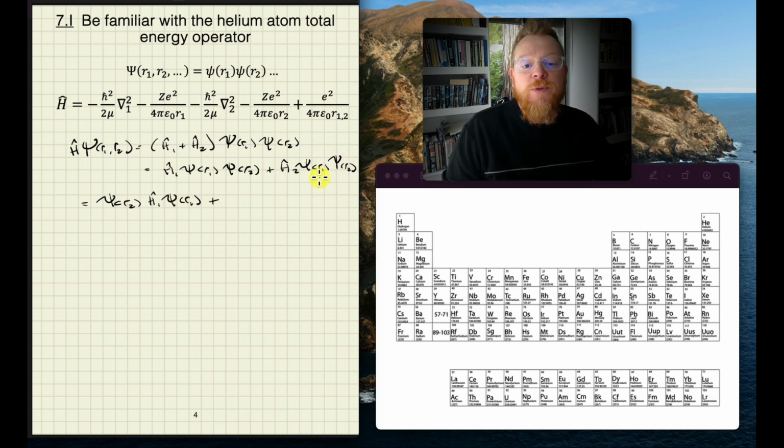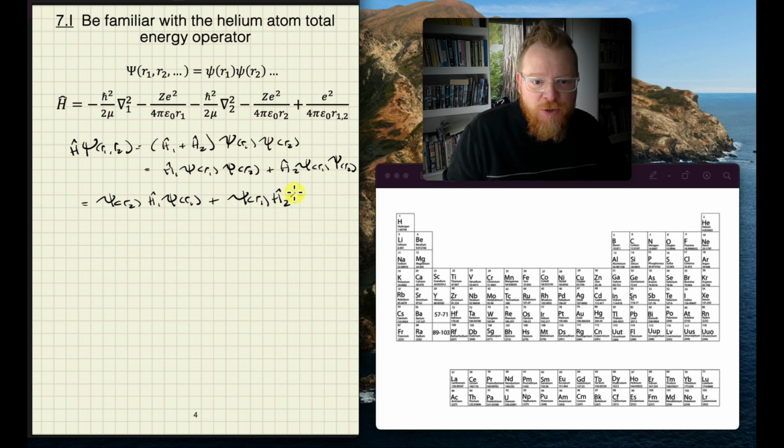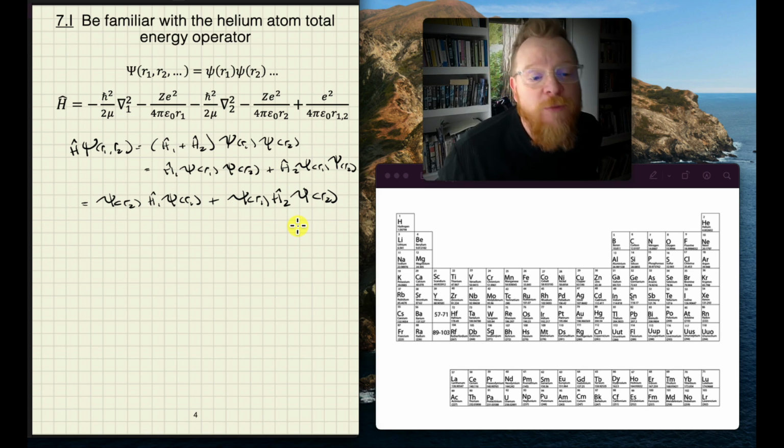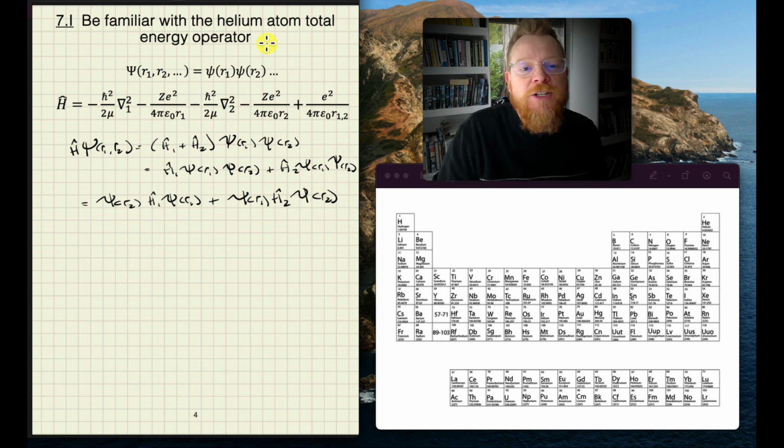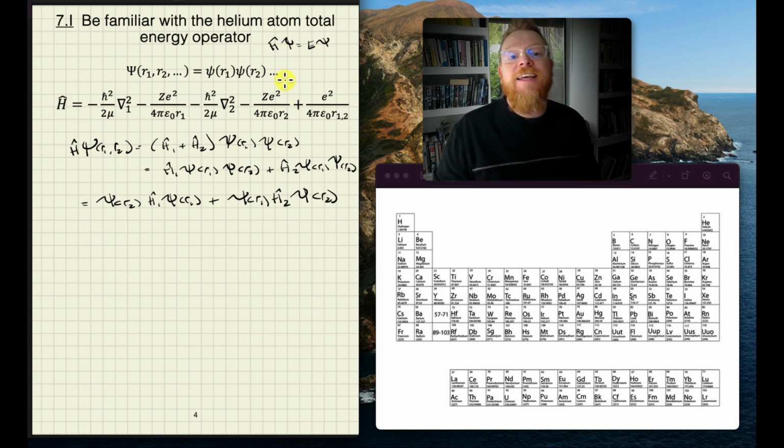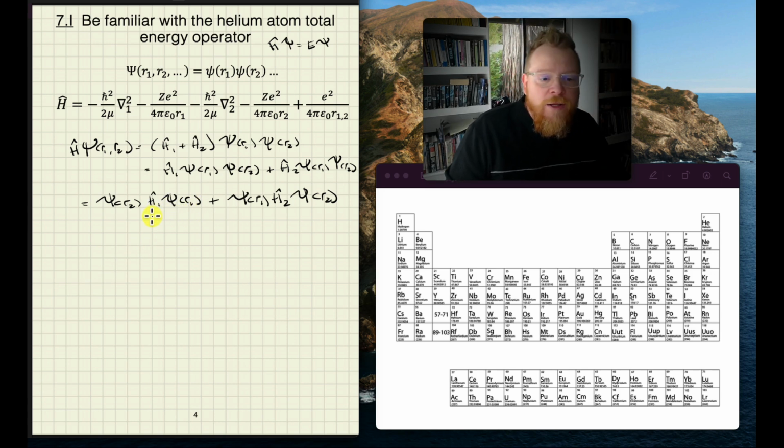And then we can do the same thing over here, where we recognize H2 will only operate on psi 2. So I'm going to bring psi R1 out in front, and then multiply by H2 operating on psi R2. Well, if we remember our Schrodinger equation, let's write the most simplified version, H psi equals E psi. We can see now when H1 operates on psi R1, that's going to give me back E1 times psi R1.